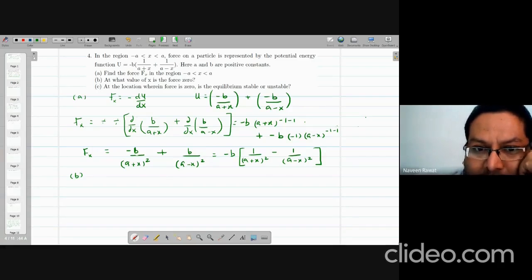Because look at what we have to do in the next case. We have to find the value of x where this force is 0. So all we have to do is equate force to 0.